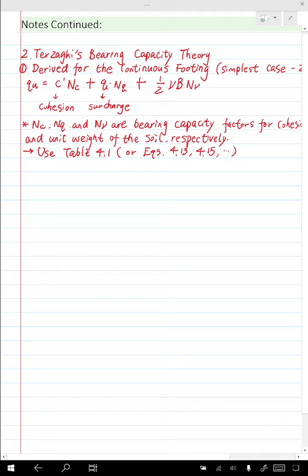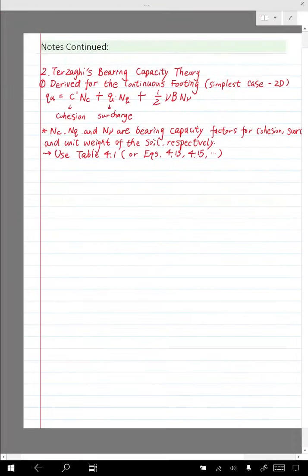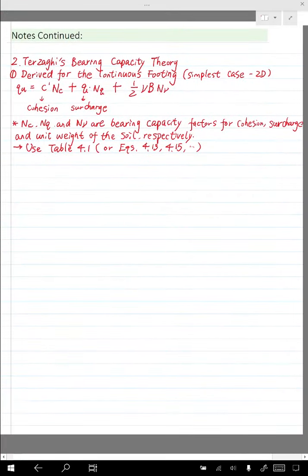And we will practice how to get these N numbers directly using the equations in the following lab. And to better understand the three contributors of the bearing capacity and their correlation with what's happening in the field, I want to draw the following schematic.